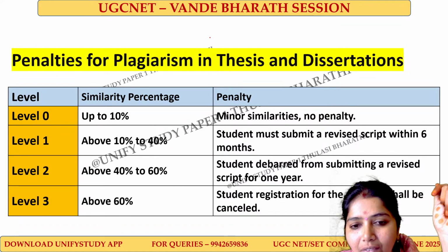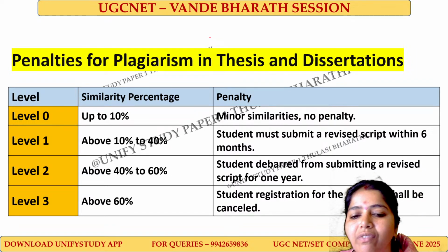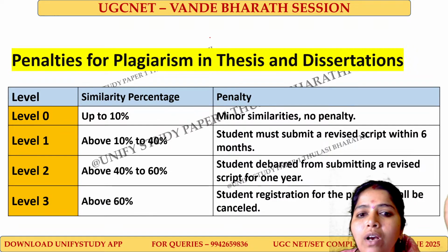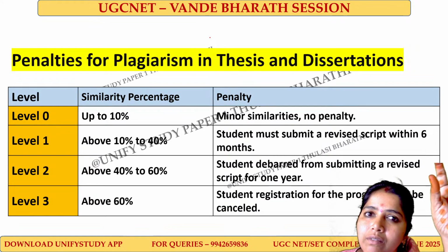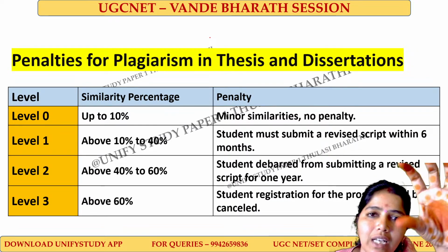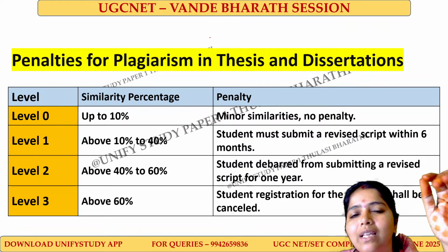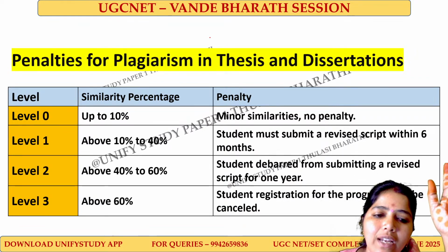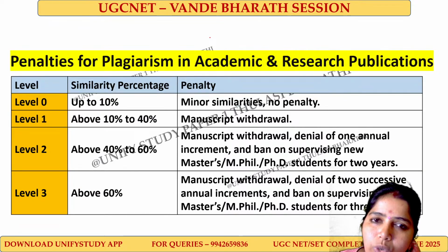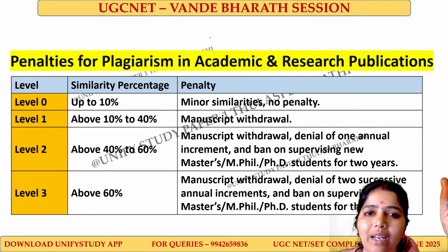If it is level 2, they will be debarred from the university for 1 year from submitting that document. If it is level 3 plagiarism, then the registration will be cancelled, right? And is it only for the student? No, it is also for the academic advisor.